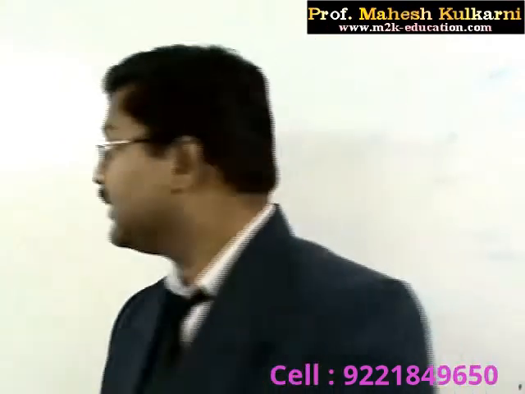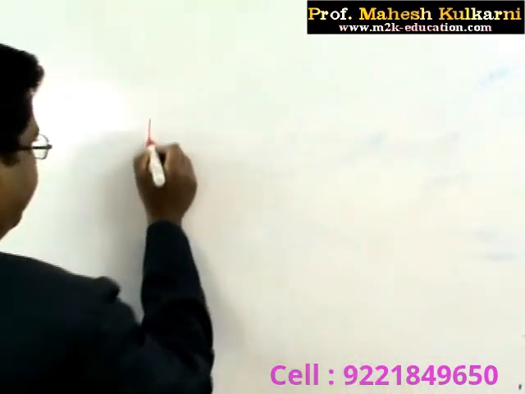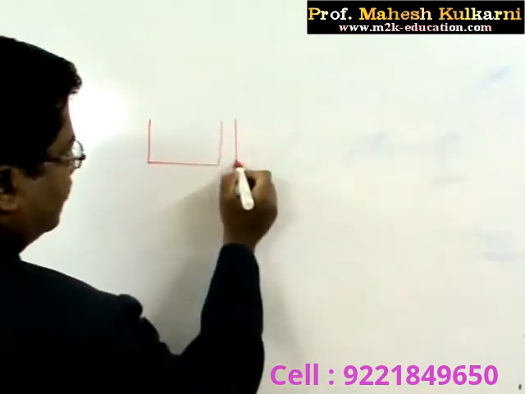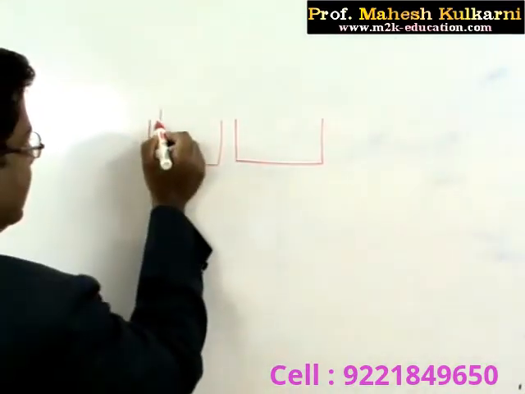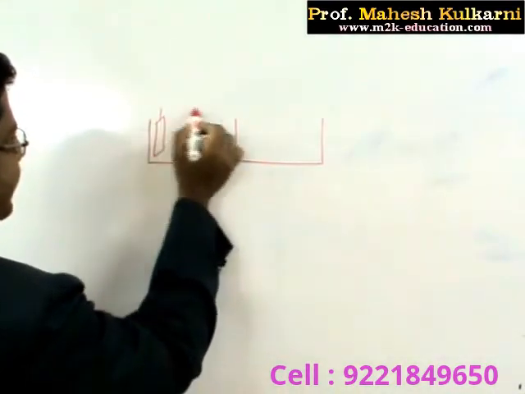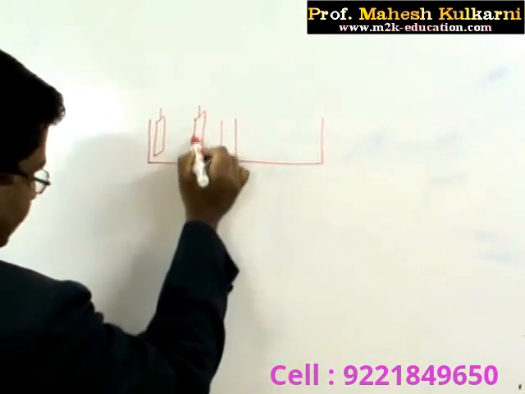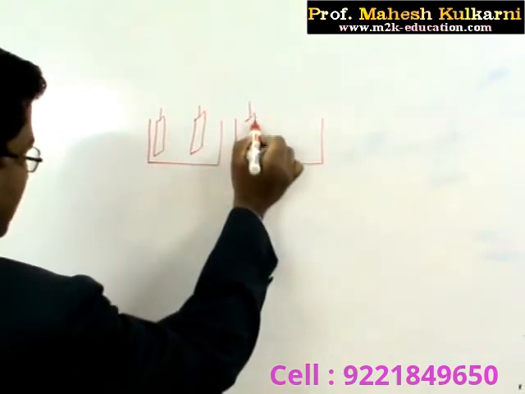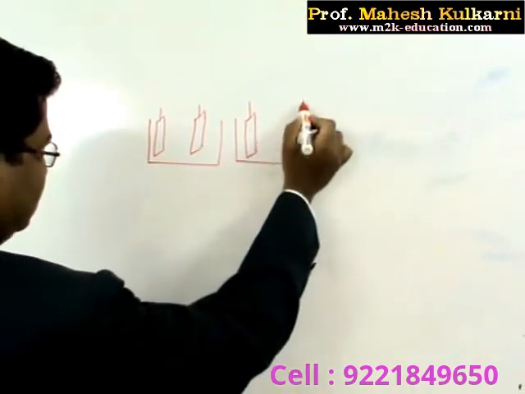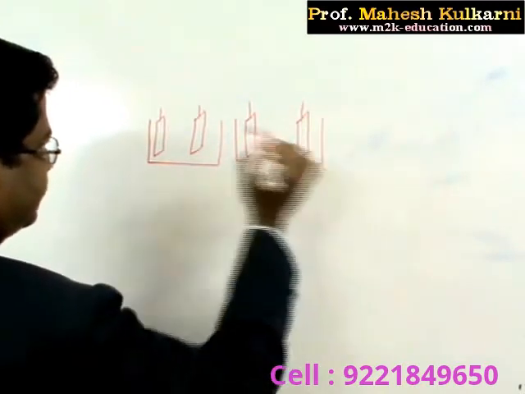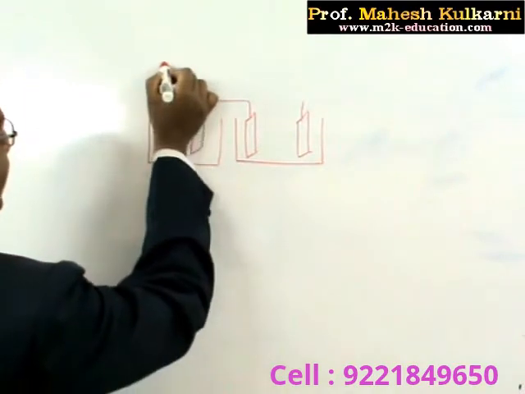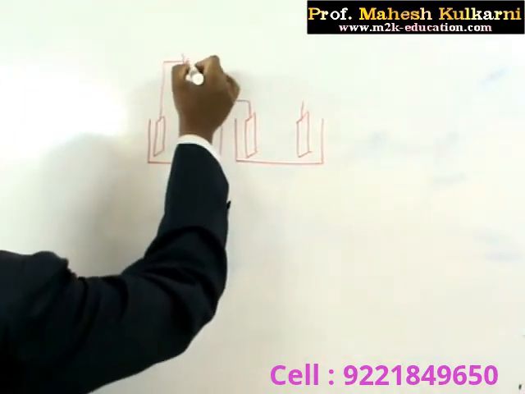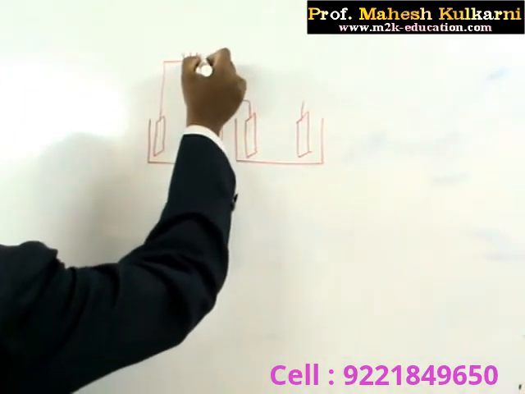Let us illustrate this. I have these two cells. These two cells are connected in series. This is the first electrode, connected to the positive terminal.